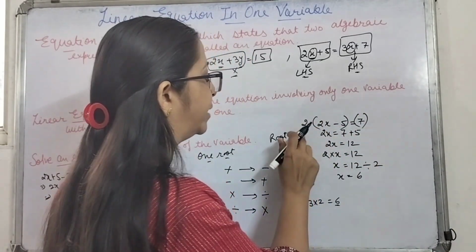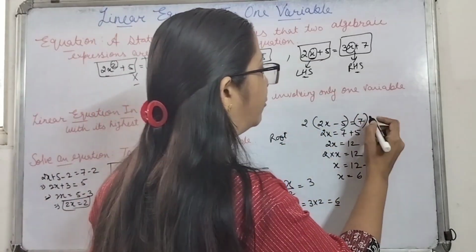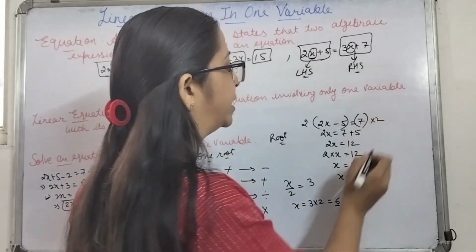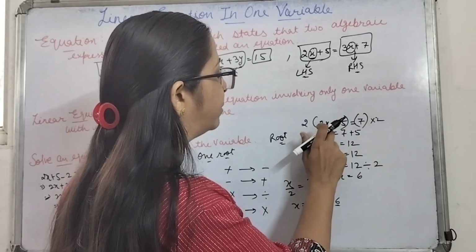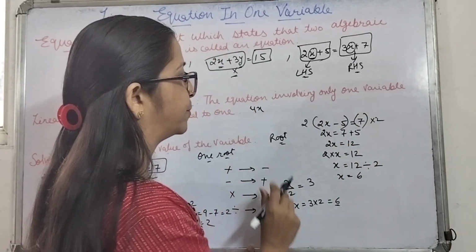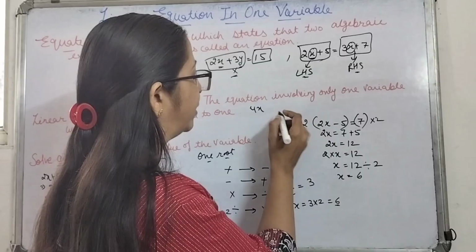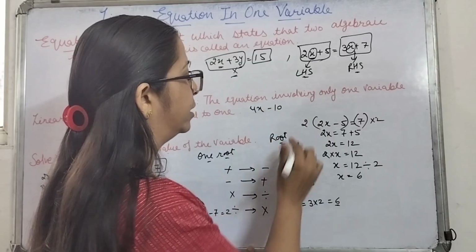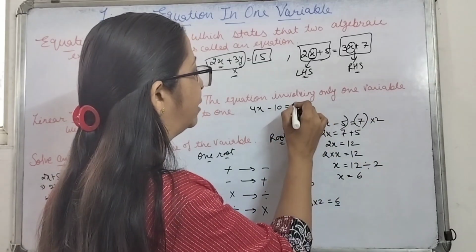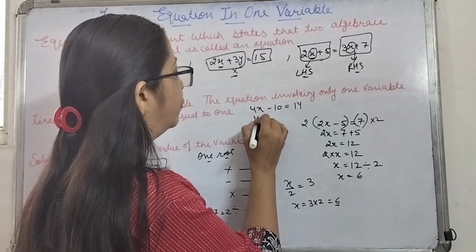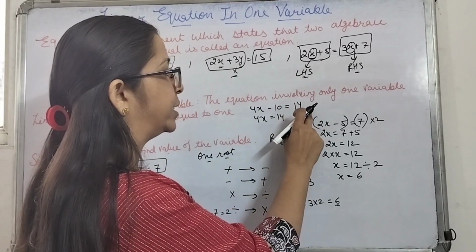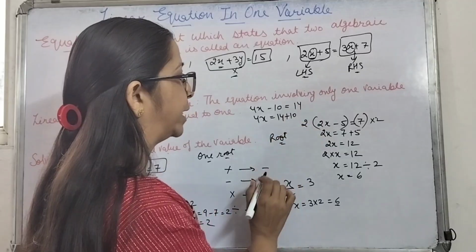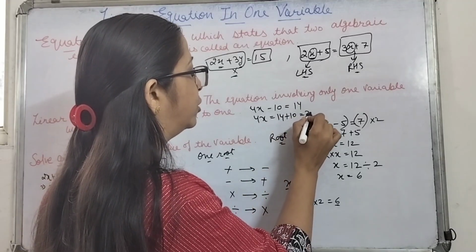Now if I solve it further, 2 multiplied by 2x will be 4x. 2 multiplied by minus 5 will be minus 10. It is equivalent to 7 multiplied by 2, which is 14. So 4x is equivalent to 14. This minus 10 will transpose to the RHS and become plus 10. That means 14 plus 10 is 24.